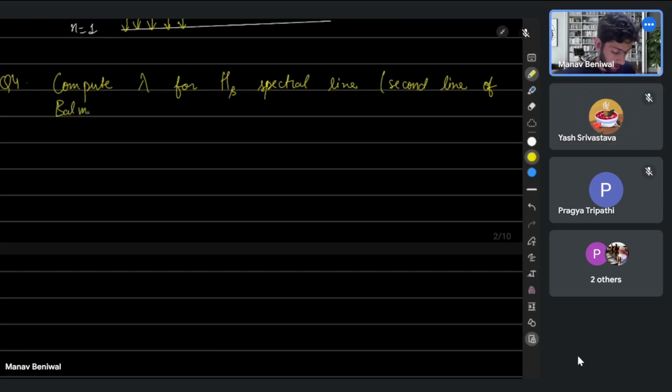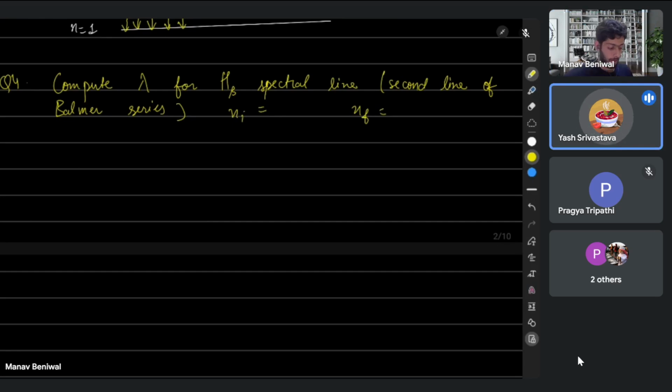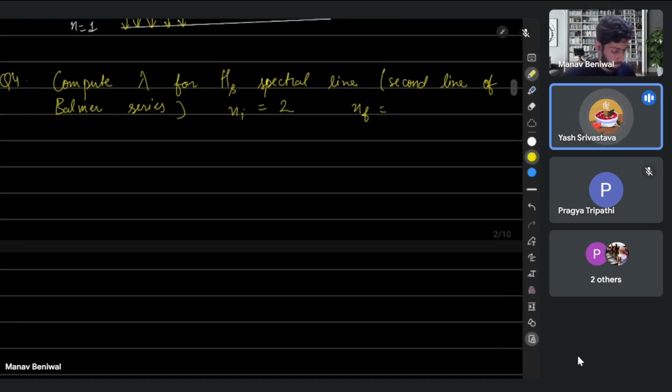Yes. So what will be the transitions? So Ni is equal to and Nf is equal to. So Ni will be 4 and Nf will be 2. Yes, correct.